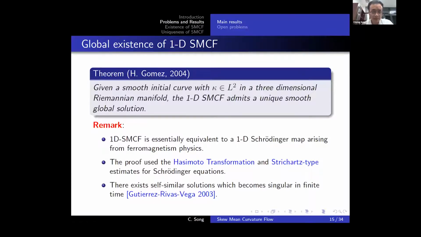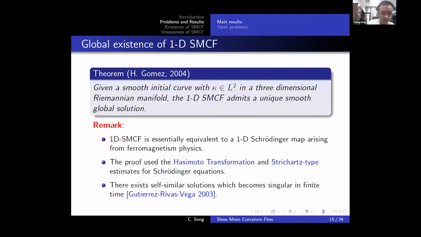His proof used the Hashimoto transformation, and instead of doing analysis on the flow equation itself, he did the estimate for the transformed Schrodinger equation. It can work because the induced metric on the curve is static. It does not evolve, unlike the higher dimensional case.